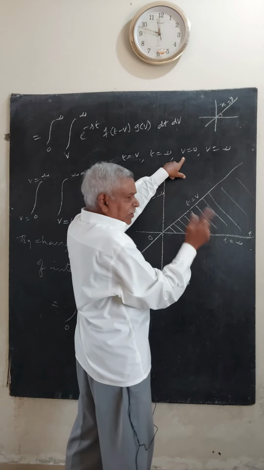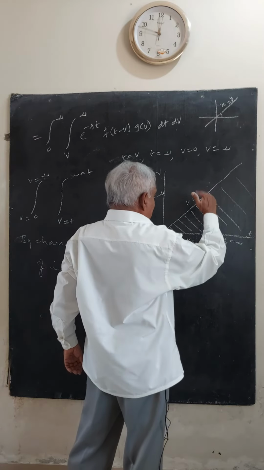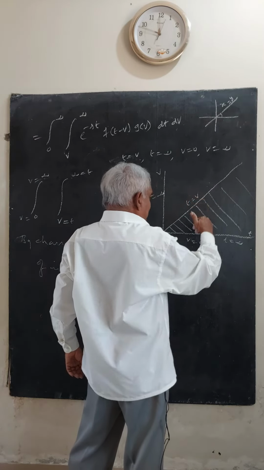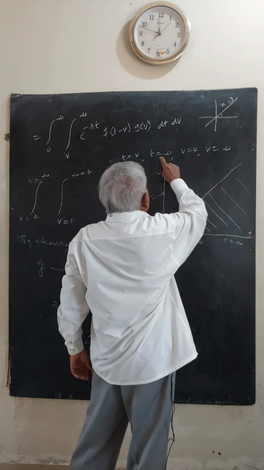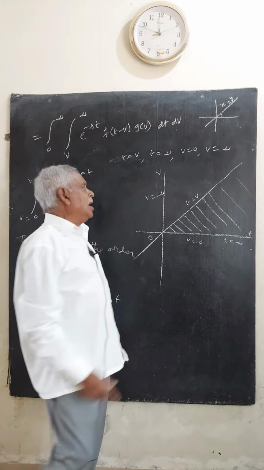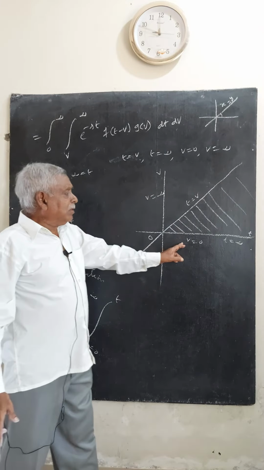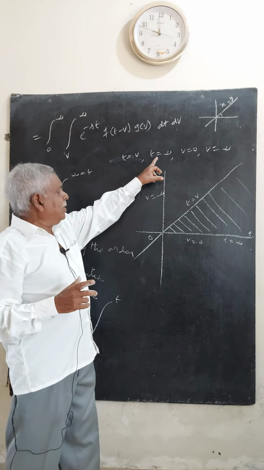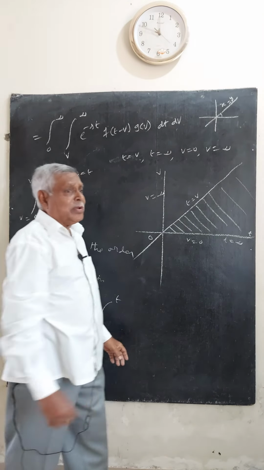Wherever it goes, it goes in the upper side. Therefore, v equal to 0. t is infinity, t goes up to infinity. This is the axis. Similarly, v also goes up to infinity. Here are two curves in this diagram: t is infinity, v equal to 0. Therefore, this region is the required shaded region.